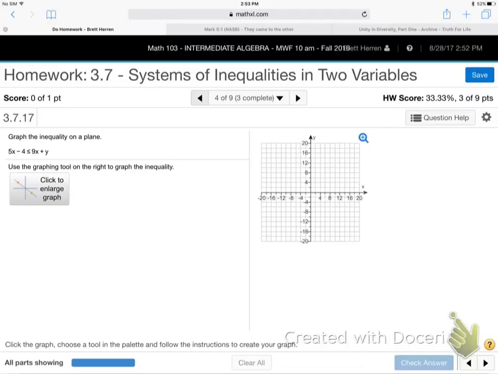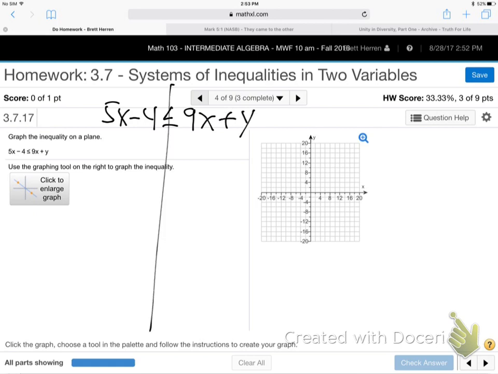Not much new. All right, so let's try 5x minus 4 less or equal to 9x plus y. Try that one. So you know the first thing, right? Get y alone. It's fine to have y on the right side. You don't need to move the y, but got to get rid of that 9x that's with it.